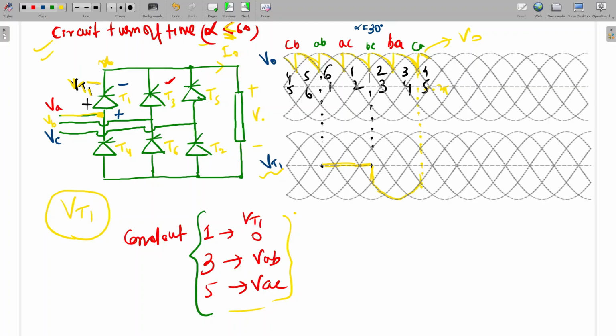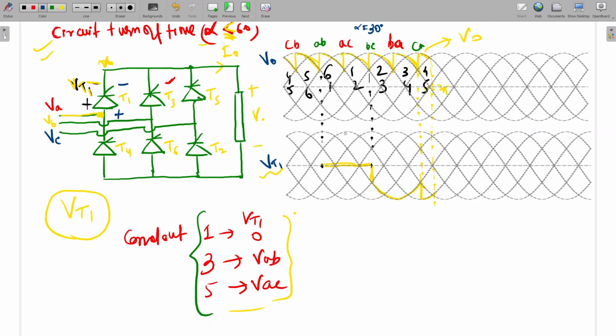4 5 again. So here 5 will conduct. What will happen? VAC. Which one is VAC? This one. This is VAC. See this one, first, second, third is VAC.